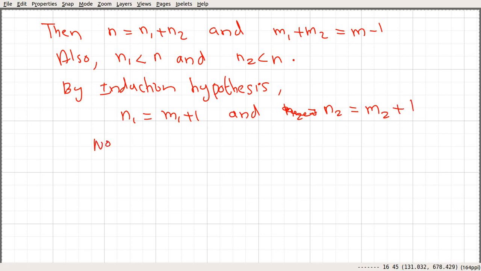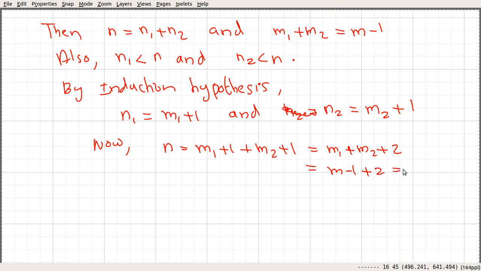So now we have n equal to n1 plus n2. n1 is m1 plus 1 and n2 is m2 plus 1, and m1 plus m2 is m minus 1. So this is equal to m1 plus m2 plus 2, which is m minus 1 plus 2, equal to m plus 1.